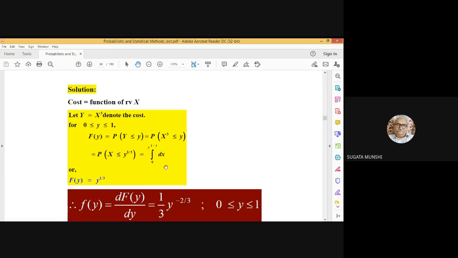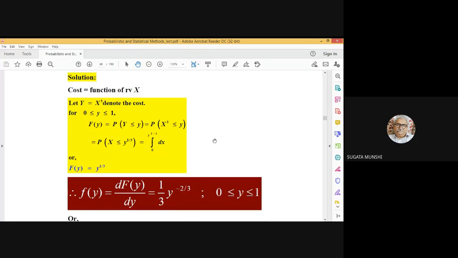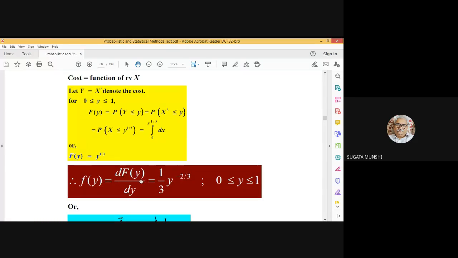So what will be the result of this integration? It will come out as Fy equal to y to the power 1 by 3. So that is the cumulative distribution function. The density function is the derivative of capital Fy. So it is one third y to the power minus 2 by 3 for this range.